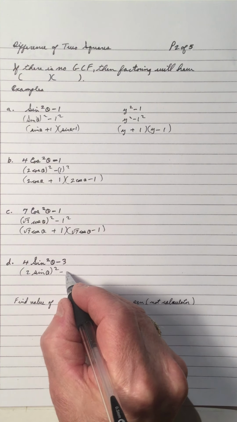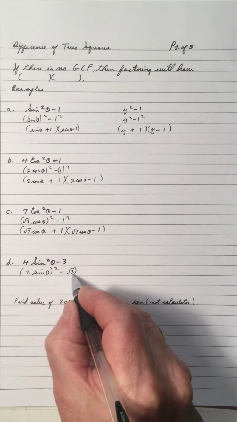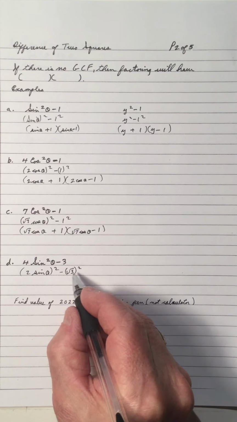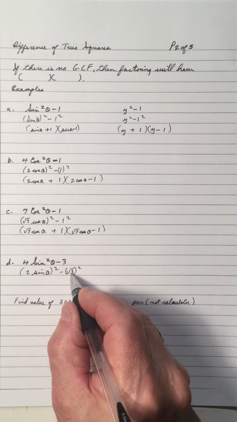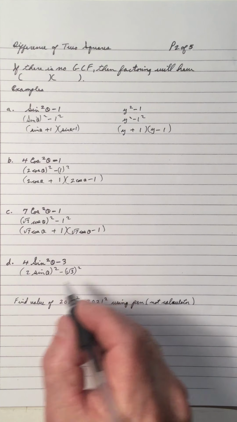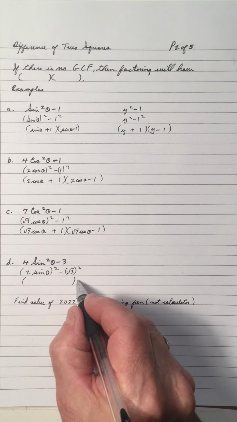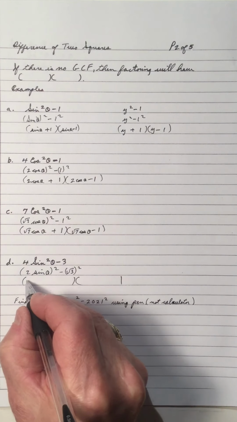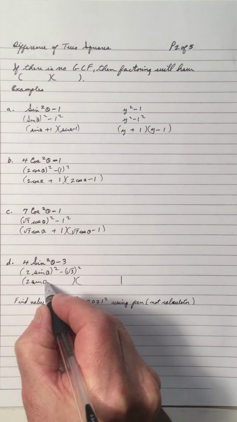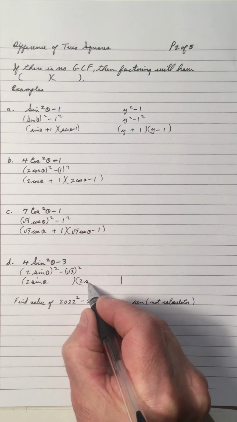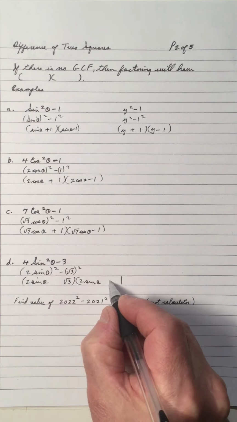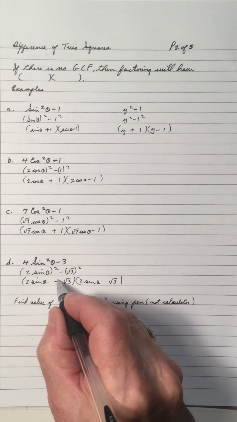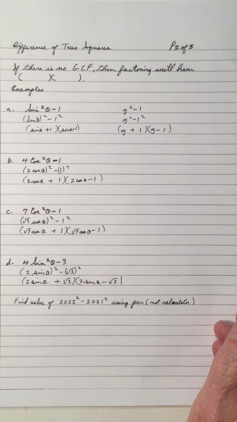And we have a 3, so we take the square root of 3 squared, which gives me a 3. So it's 2 sine theta, 2 sine theta, and root 3, with a plus and a minus.